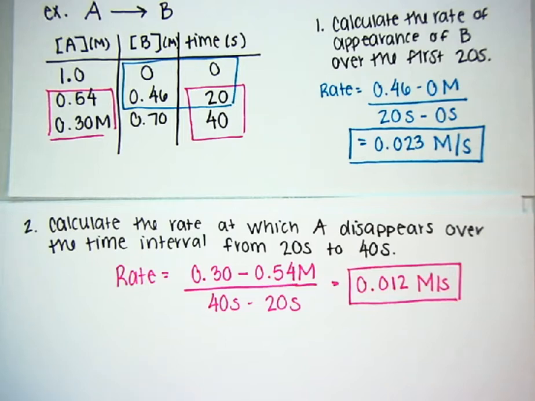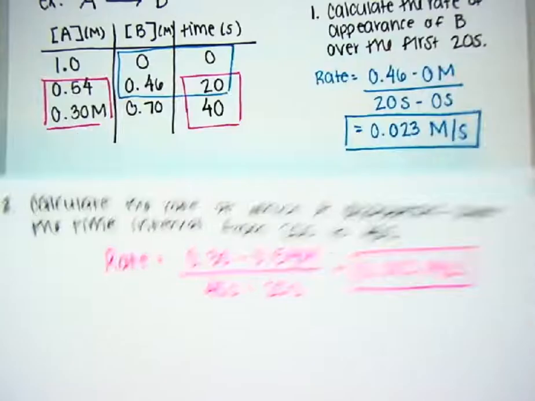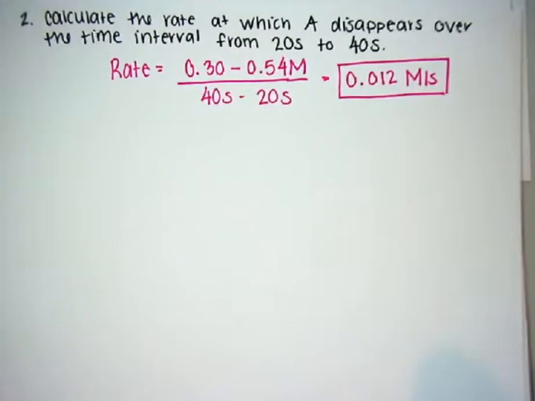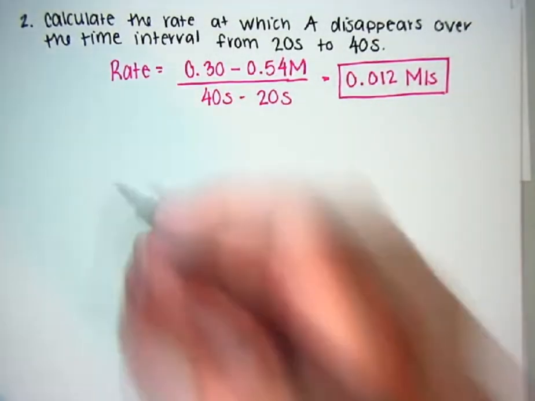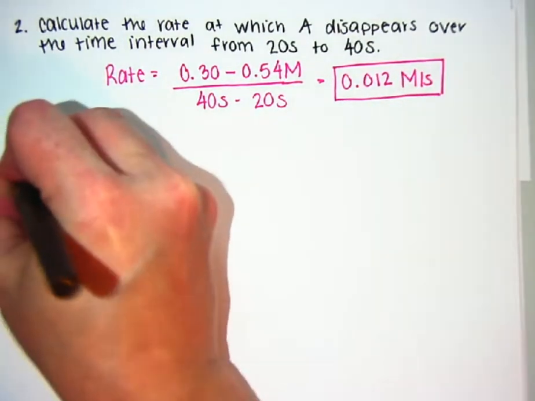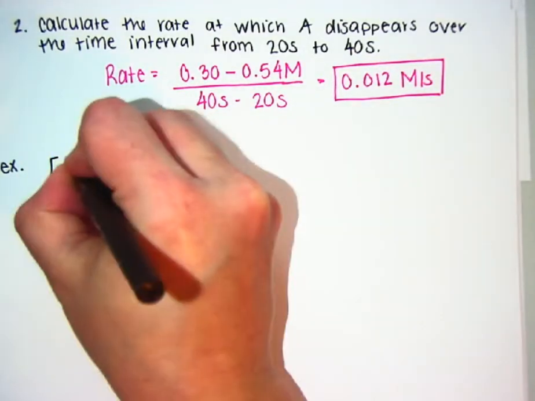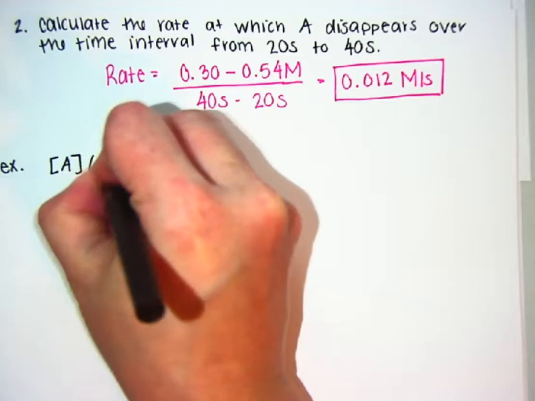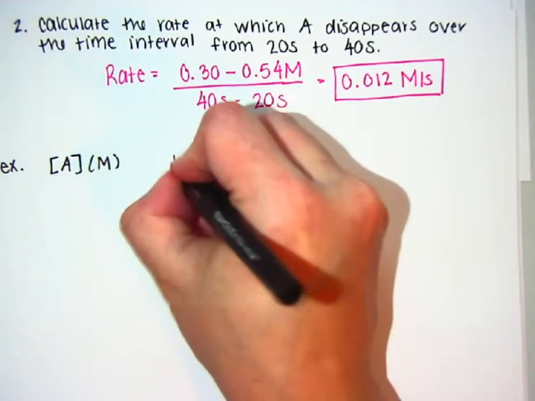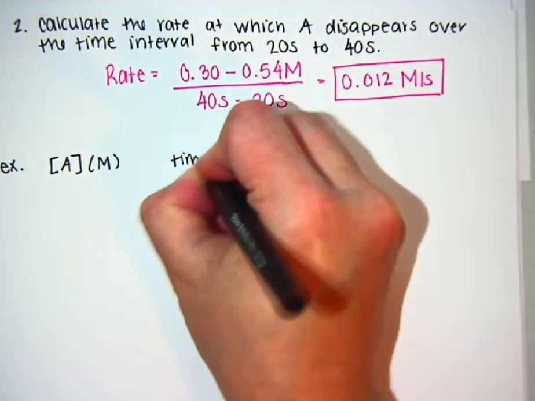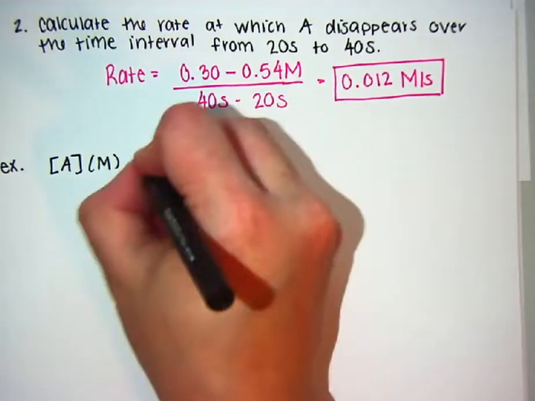All right, let's do one more problem, and then I want to talk about a trend that you're going to see. For this data table, I'm just going to give you some information about the concentration of A and the time intervals that we have.